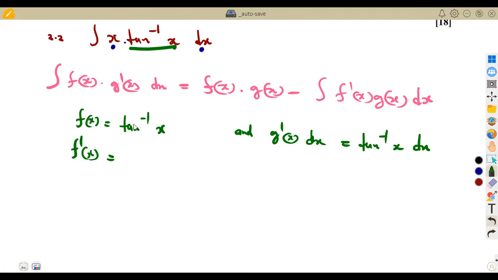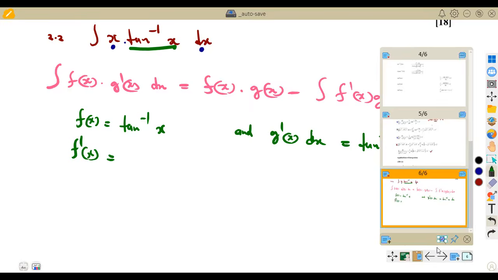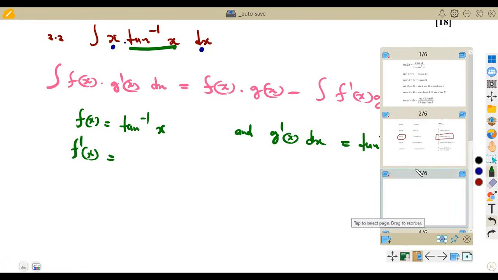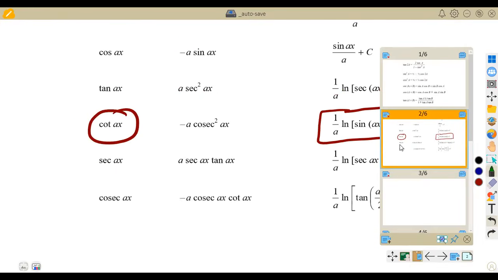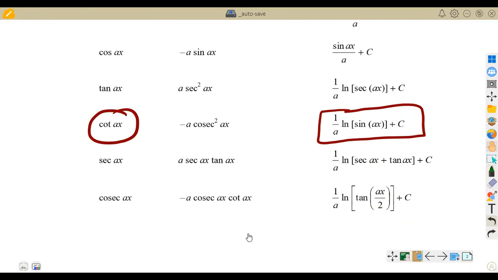All right. From arctan, let me try to show you with the formula sheet, or I'm just going to write it. Let's check here. How do you integrate arctan from your formula sheet?